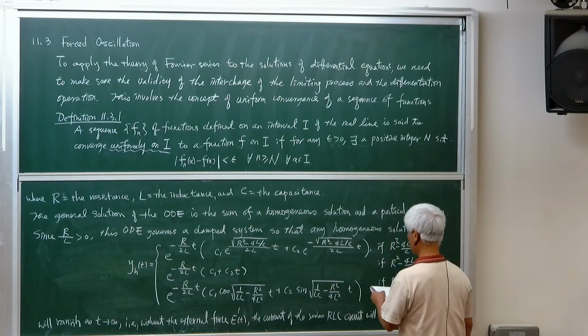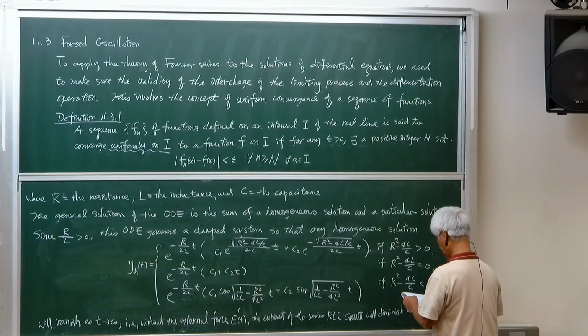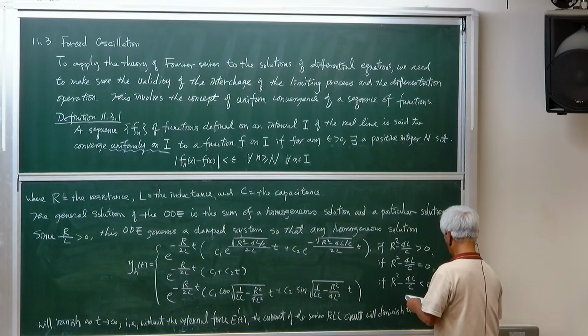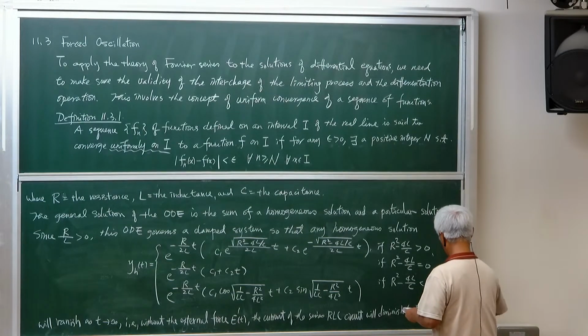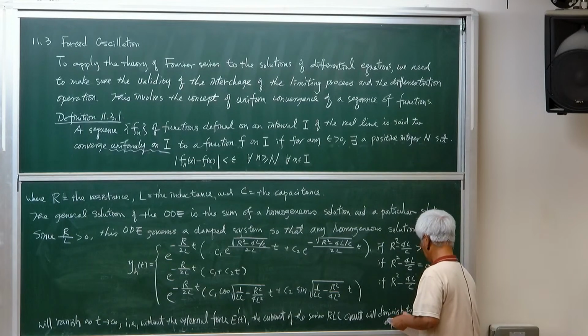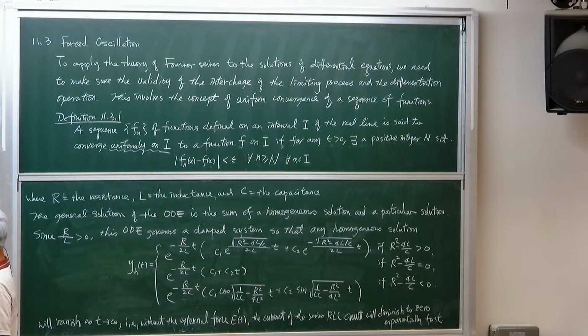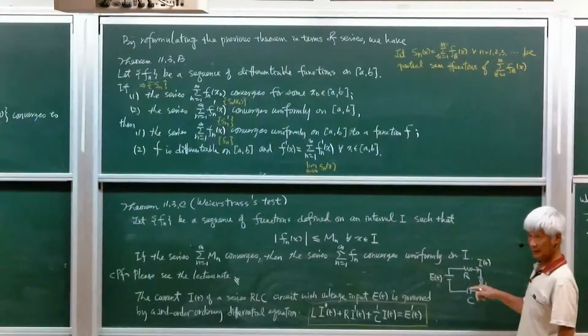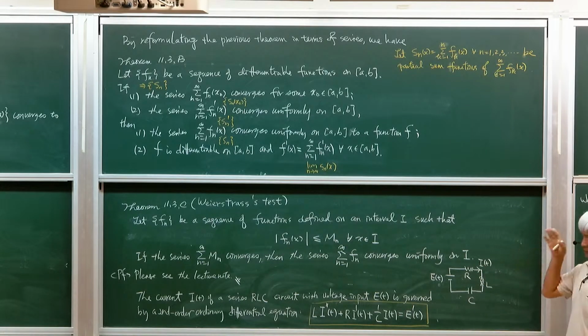It goes to 0 exponentially fast. So without the voltage driving force, because of the resistance, this is a damped system, and the homogeneous solution means the current will diminish exponentially fast. We know that.